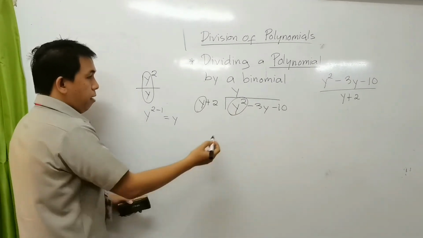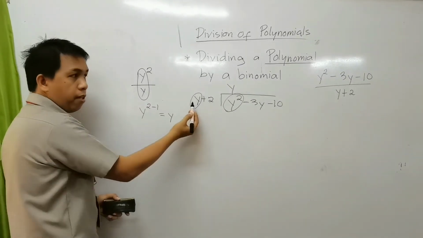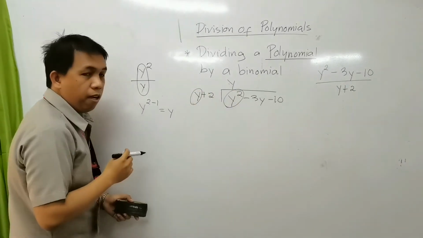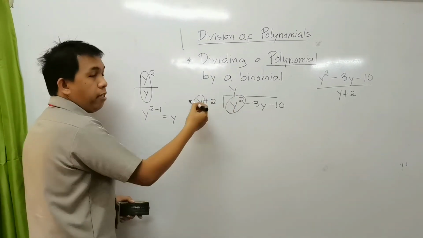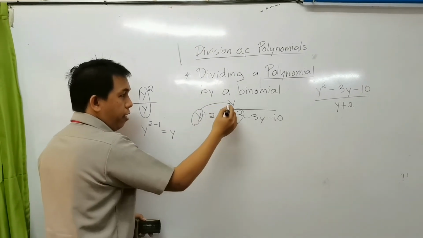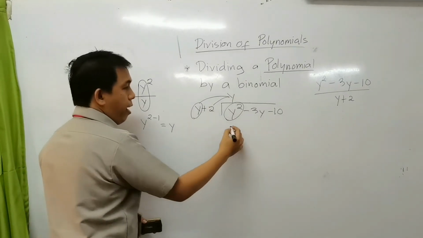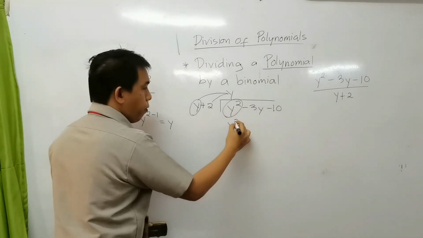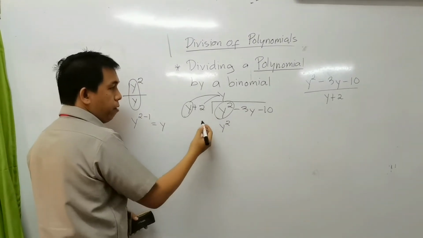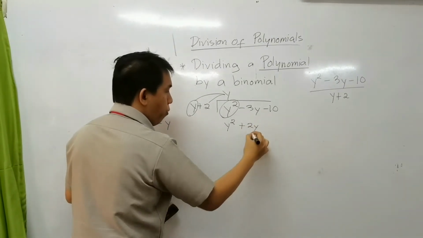Next, after you have divided the biggest terms, you will distribute this quotient to the divisor. You need to multiply y times y and then y times 2. So y times y is y squared. Then, followed by the operation, y times 2, so plus 2y.